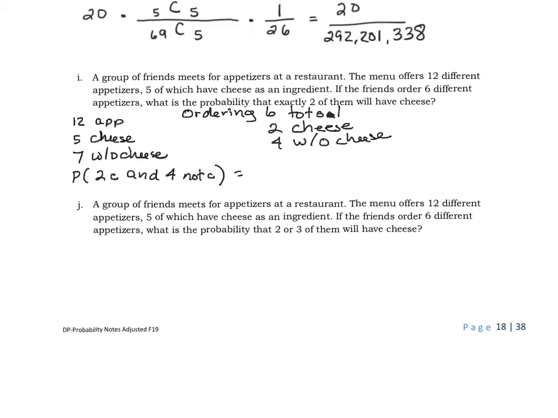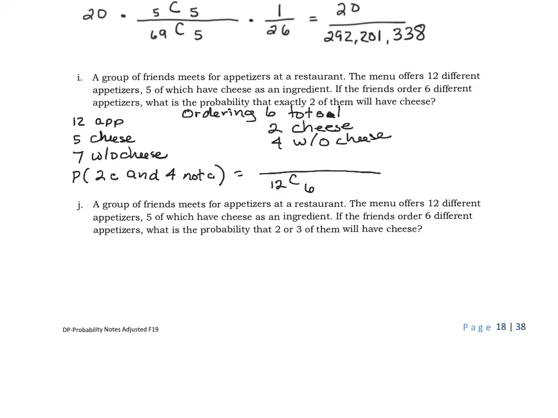Well, let's look at the denominator. There are 12 appetizers. Does it really matter at what order you order those appetizers? No, it doesn't. So of those 12, we're going to do a combination of 6. So that's all the different ways that it can happen.